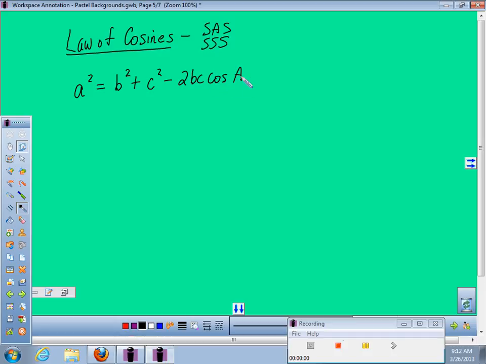Law of cosines is a little more to know, but after you work with it a couple times, you'll see the pattern.